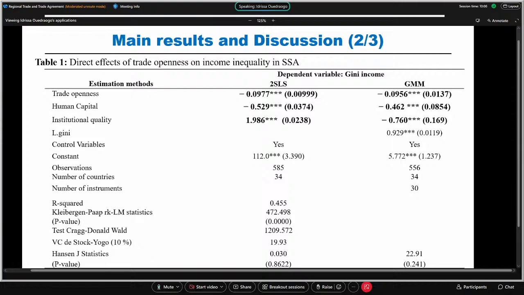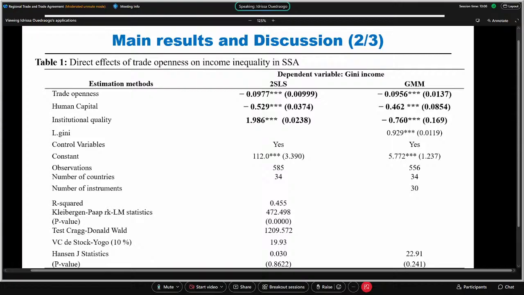So regarding the transmission channel, we estimate the effect of trade openness on each channel, respectively institutional quality, human capital, and GDP per capita. We see that trade openness improves institutional quality.